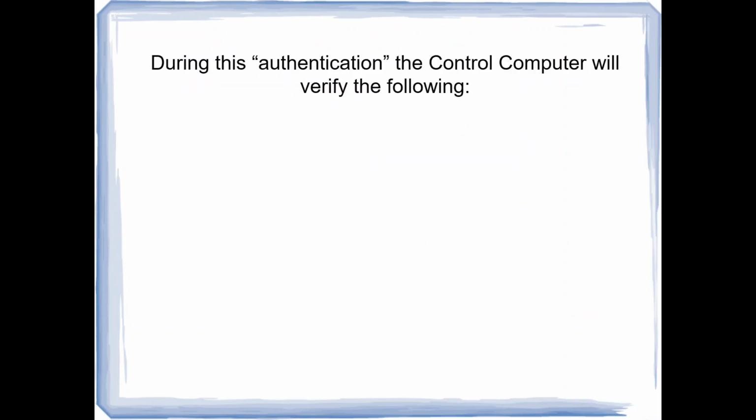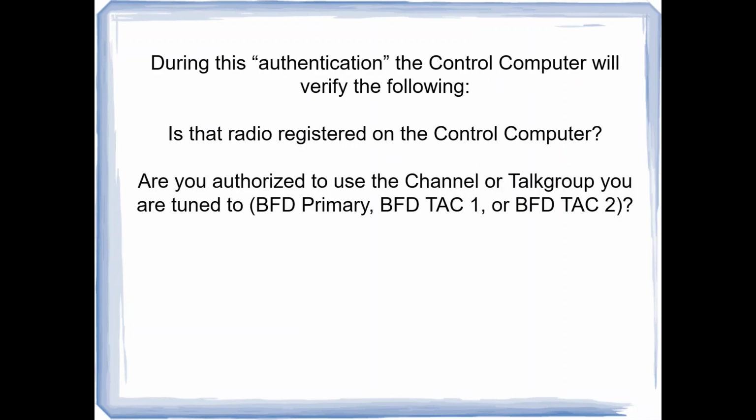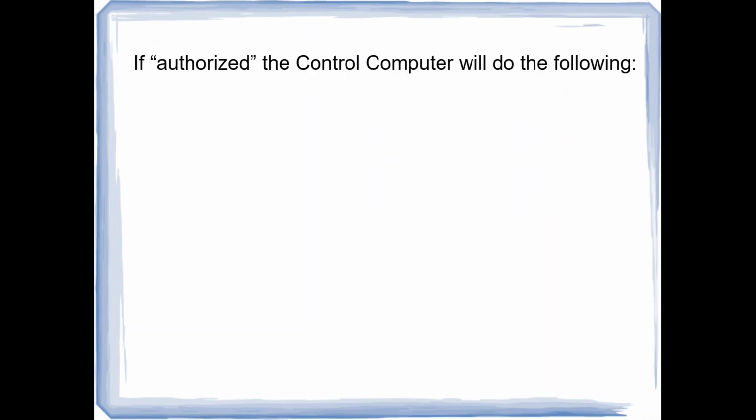During this transmission, the following happens. It verifies that the radio you are transmitting on is registered with the control computer, that you are authorized to use the channel you are tuned to, such as BFD primary, BFD TAC1, or BFD TAC2. If your radio is authorized, the control computer will do the following.